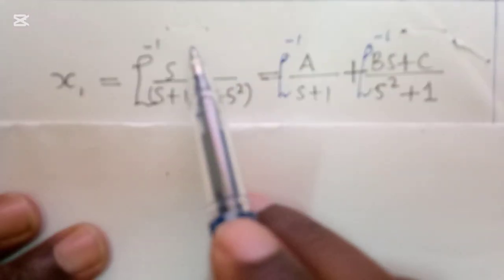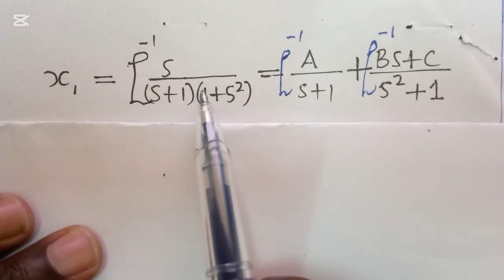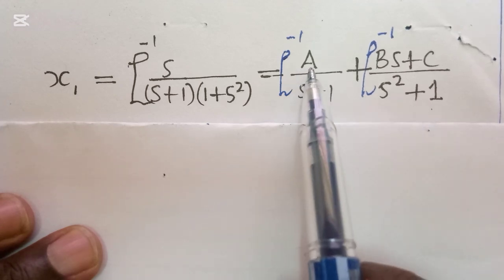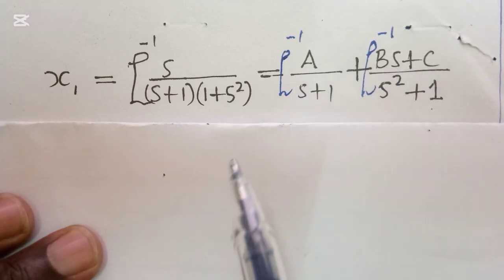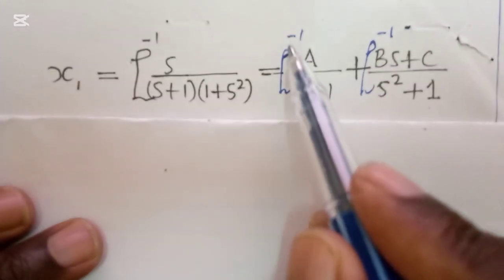We just divide this to have these two partial fractions, and now we find A, B, and C. As I have said, that's when we do not have the inverse Laplace transform.